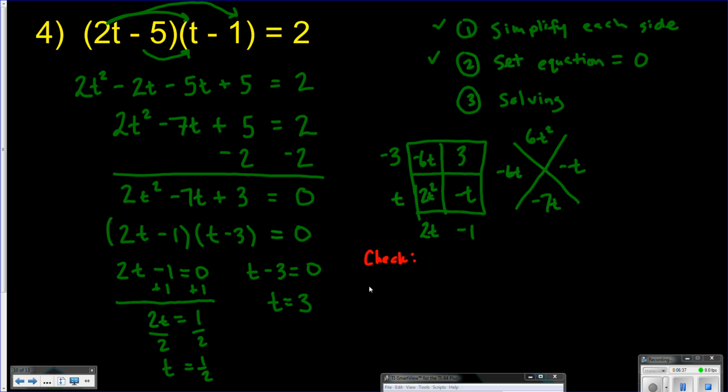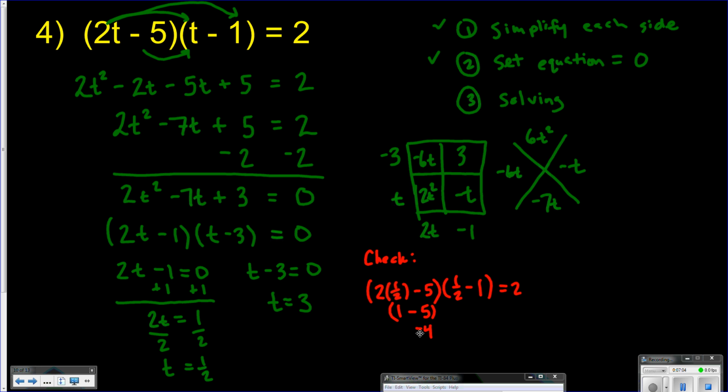I'm going to plug in 1/2 first. I'm going to say 2 times 1/2 minus 5. And when we plug it in over here, 1/2 minus 1 equals 2. Let's see. 2 times 1/2 is 1. 1 minus 5 is going to give us negative 4.